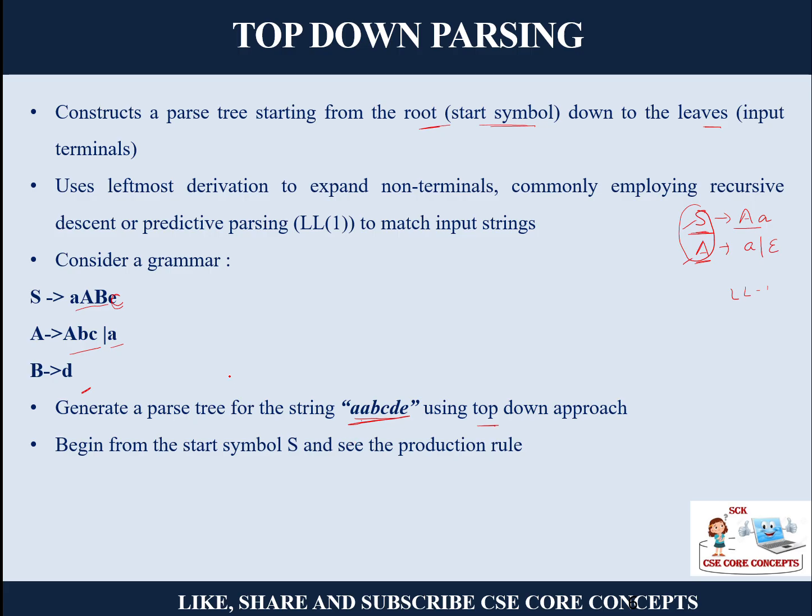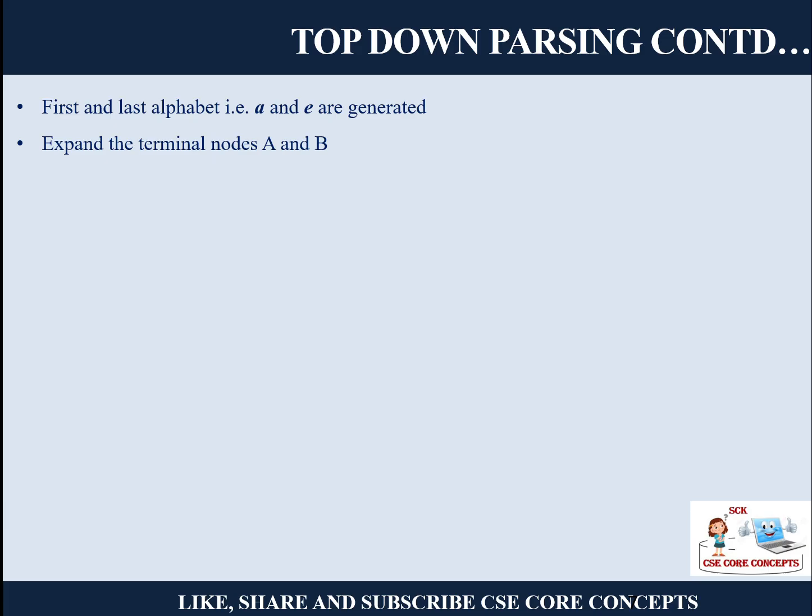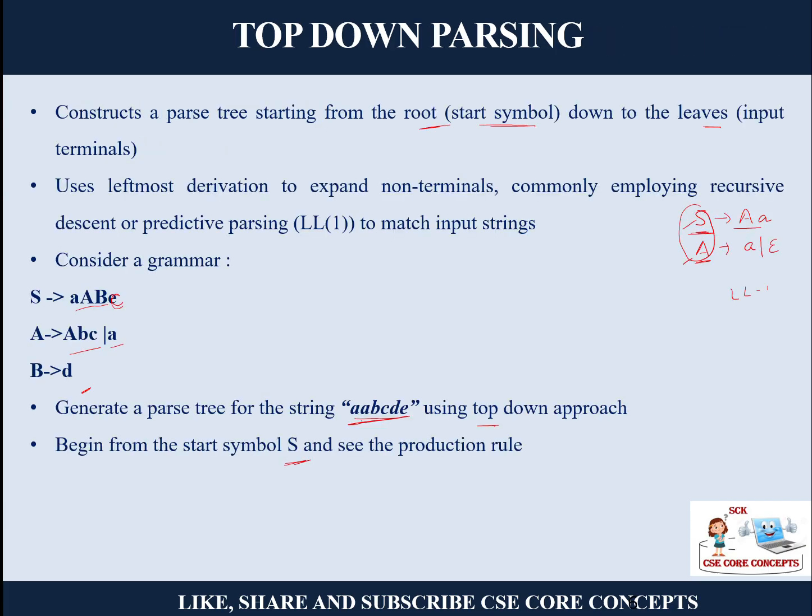Always you have to start with the start symbol, that is S, and start with the production rule. What is the production rule of S? We can see what string we want here: A, B, C, D, and E. This is the string I want. My S is what?